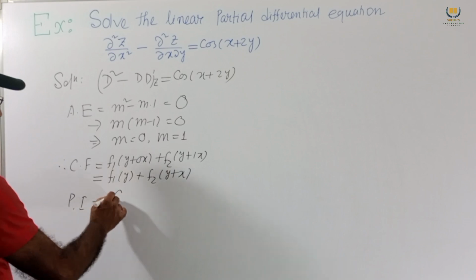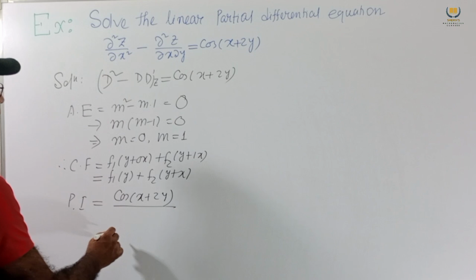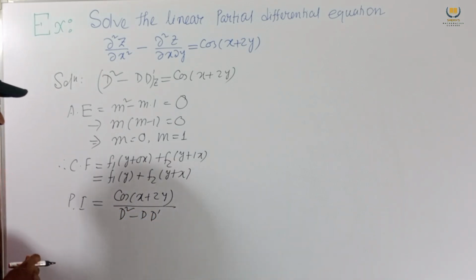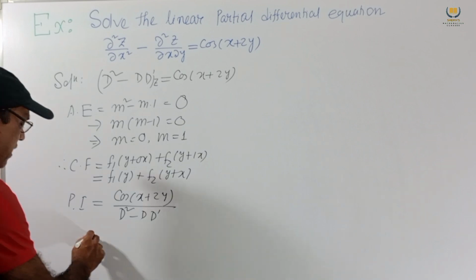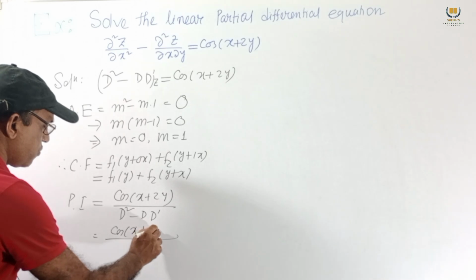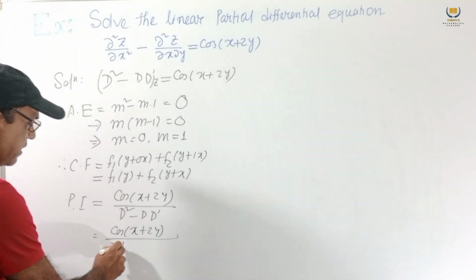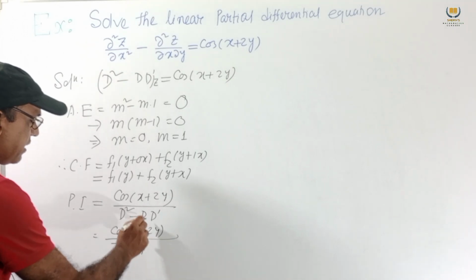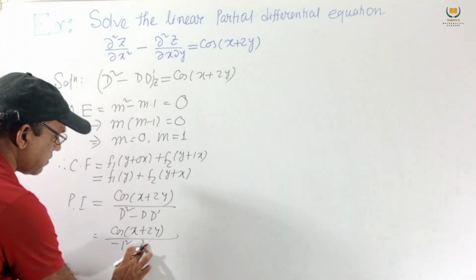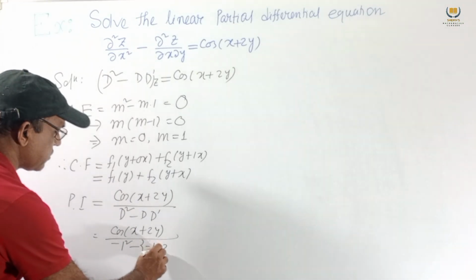Now the particular integral. The particular integral means the right hand side, cos of (x plus 2y), divided by D squared minus D dash. In place of D we put the coefficient of x with a minus sign, minus 1 squared, so D means minus 1, and D dash means 2.